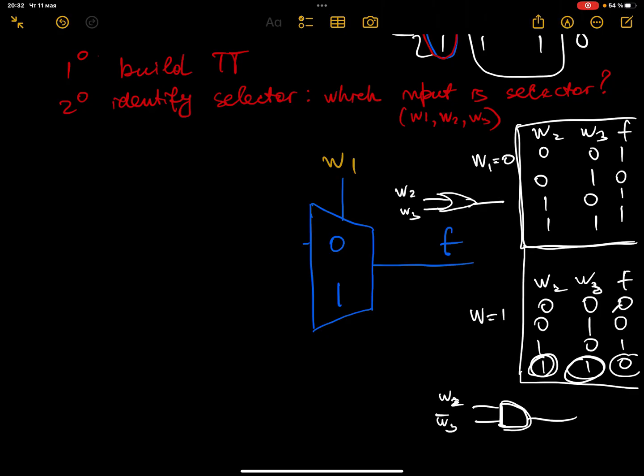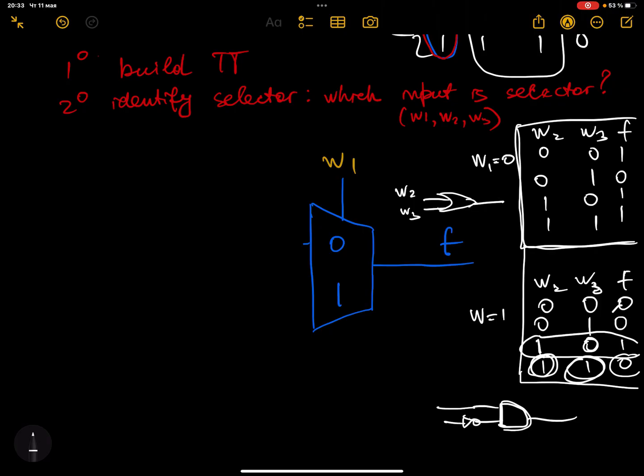Then let's check all the cases. So when W2 is 1 and W3 is 0, it's going to be negated, right? Instead of this bar, let me use this negation.